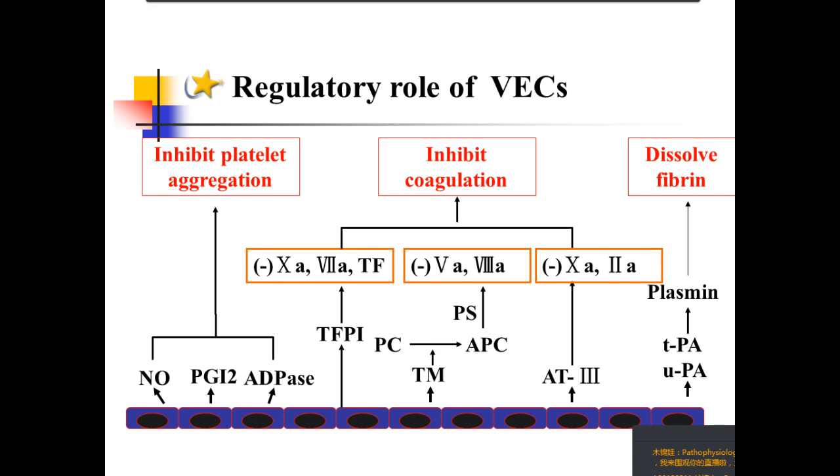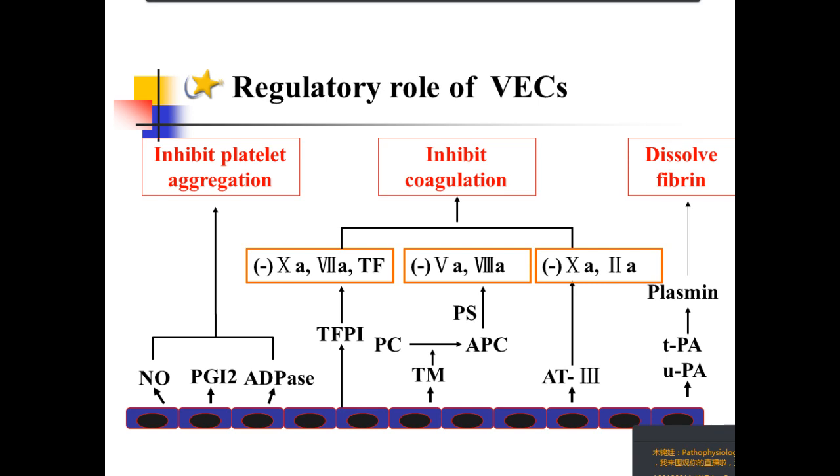Normal VEC has coagulation function or anticoagulation function? It must have anticoagulation function. This is the vessel, the vascular endothelial cell. If it had coagulation function, people would form clots. So we see it has anticoagulation function.